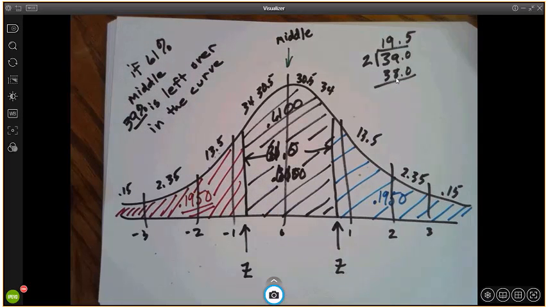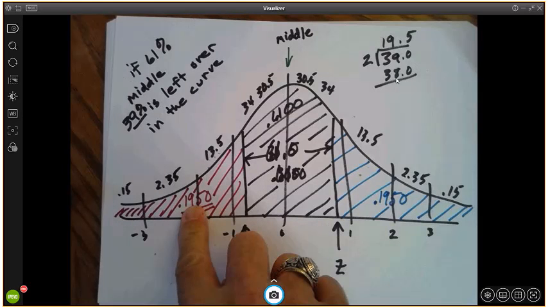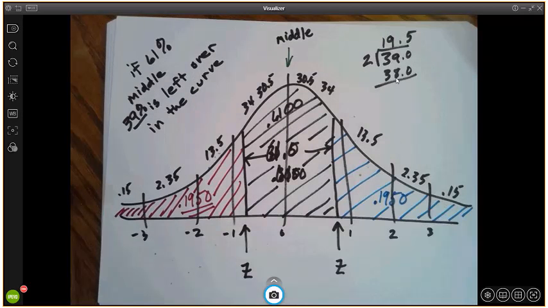Now, if you want to check it, add 0.1950 plus 0.61 plus 0.1950, and you should get what? Should get 1. So all you need to do now is hit your handy dandy calculator.